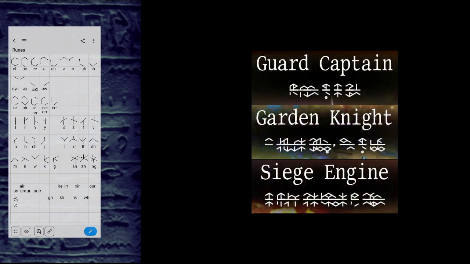Okay, the Garden Knight. A sleeping Guardian. Sleeping Guardian. One of many.